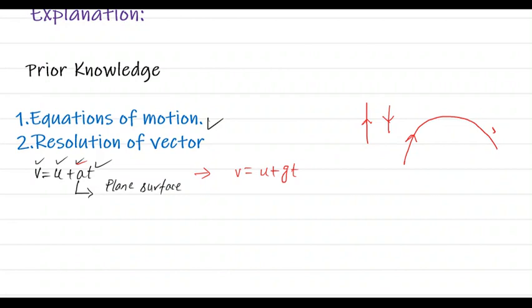Now, the second is the distance or displacement equation, which is needed. So we know that s = ut + 1/2 at². Here s is distance or displacement, depending on the situation, u is the initial velocity, t is the time, and a is the acceleration.